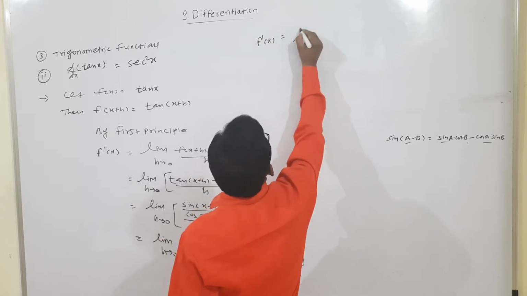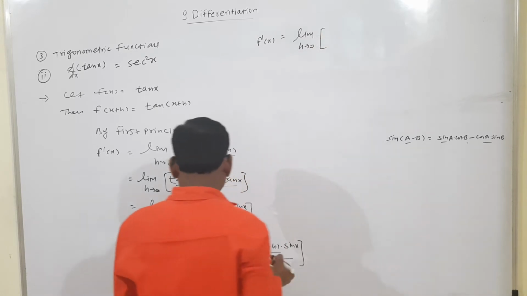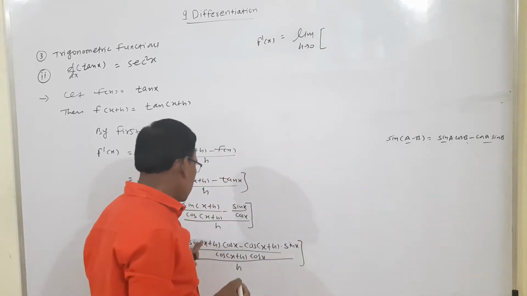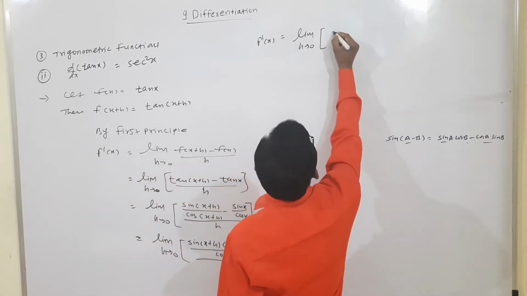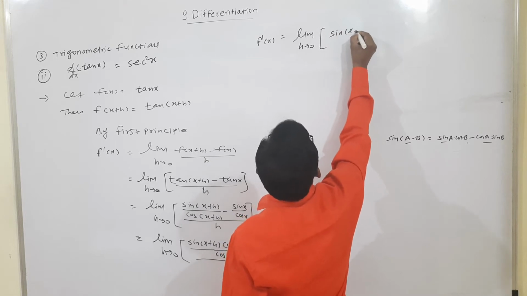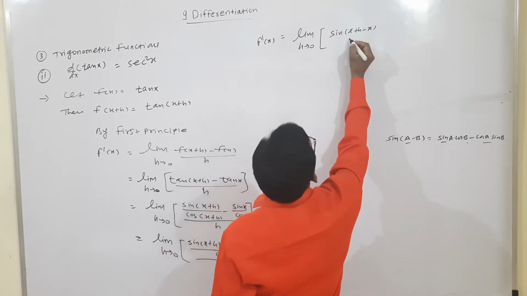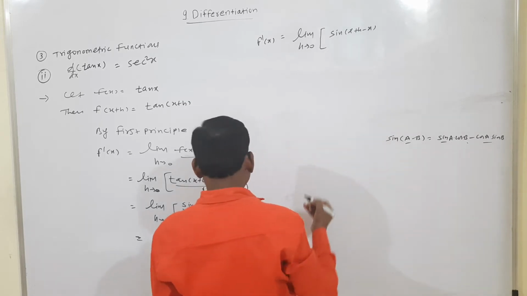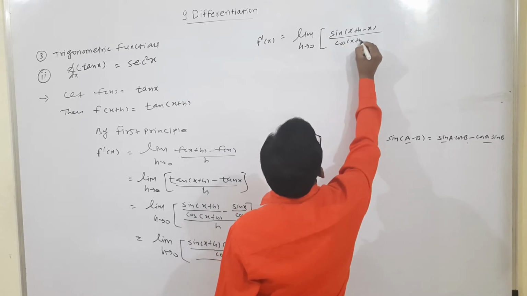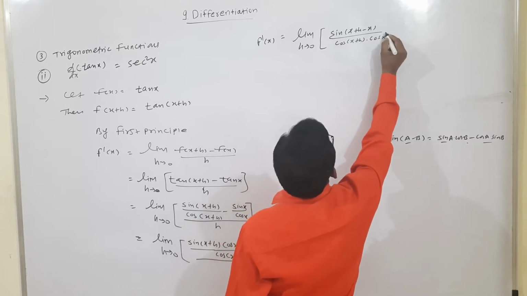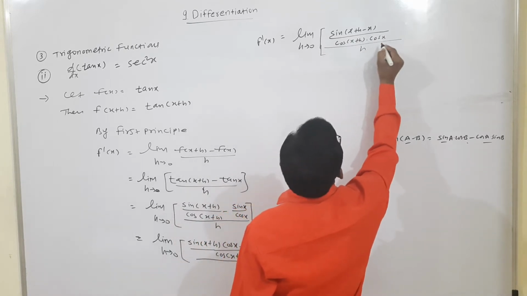So f dash x is equal to the limit as h tends to 0. Actually it is the expansion of sine of x plus h minus x, sine of a minus b, then divided by cos of x plus h into cos x, and whole divided by h here.